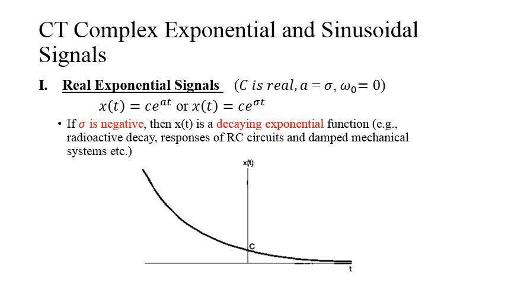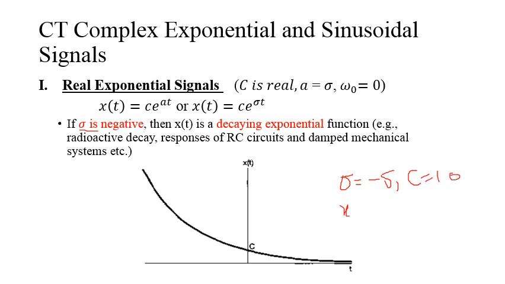The second case will be when sigma is negative, right? So when sigma is negative, let's take for example sigma equals minus 5, and let's take c equals, for example, 10.